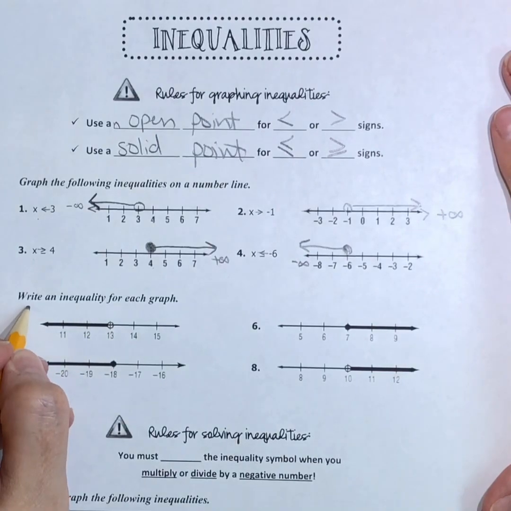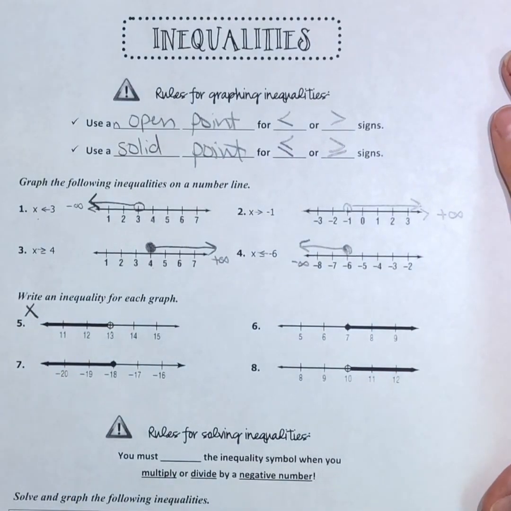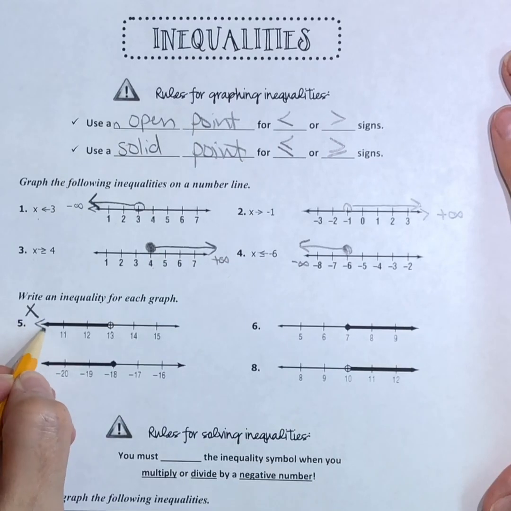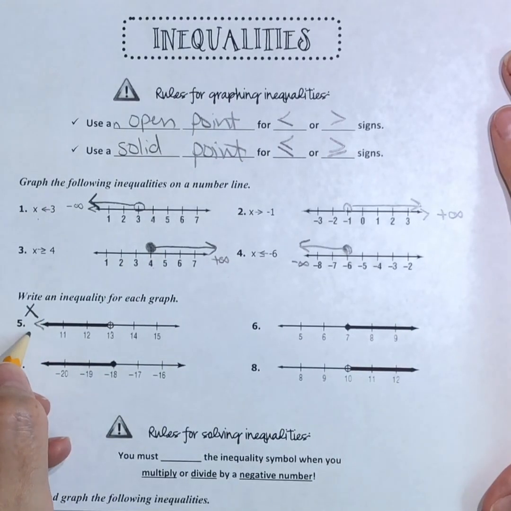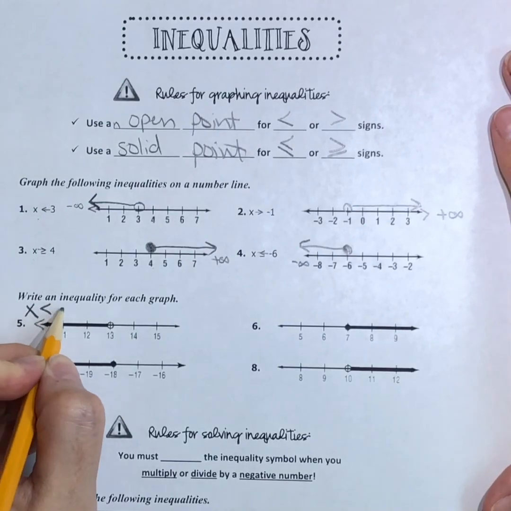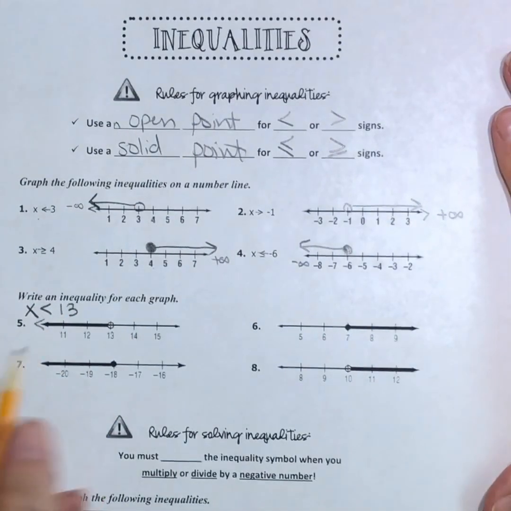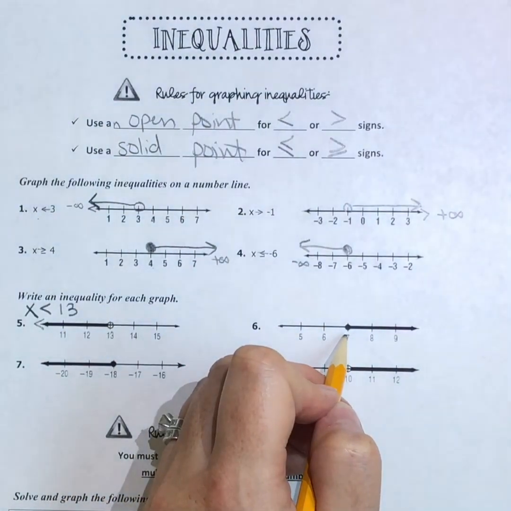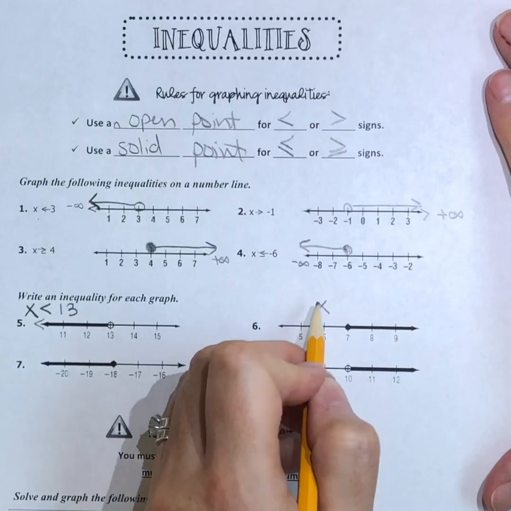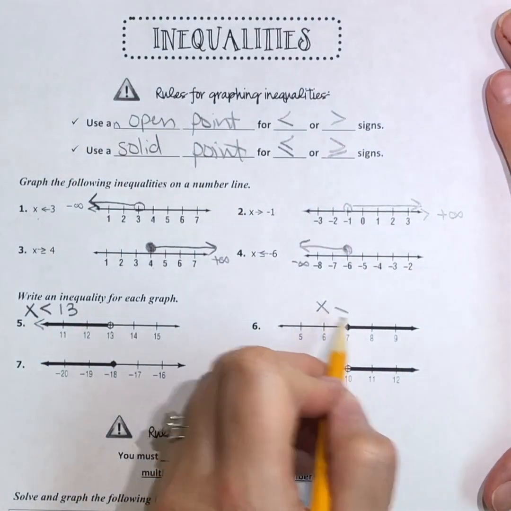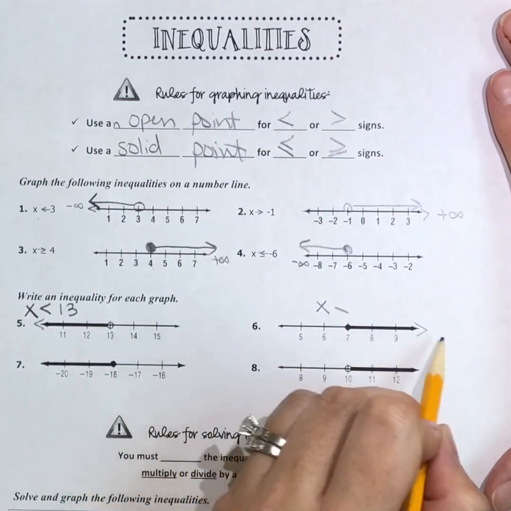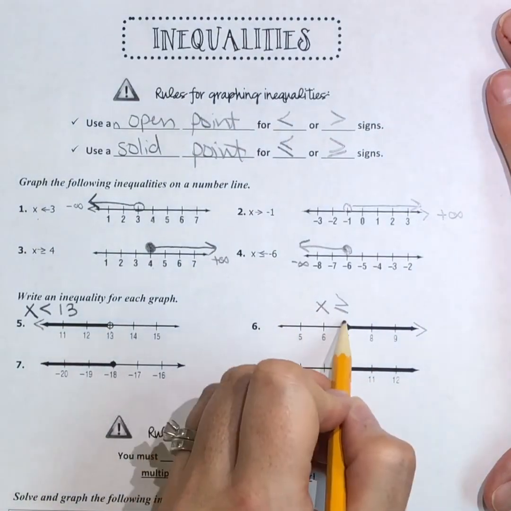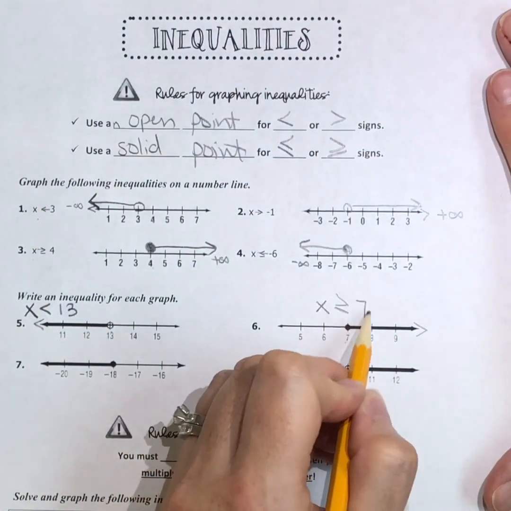And we always keep the variable on the left-hand side, and since it's pointing to the negative infinity or getting less than, I'm going to say x is less than the boundary number, which is 13. Okay, number 6, notice that it's a solid point on the boundary number, so I'm going to use an or equal to sign. And because it's pointing to everything going to the right, it's going to be greater than or equal to the boundary number, which is 7.